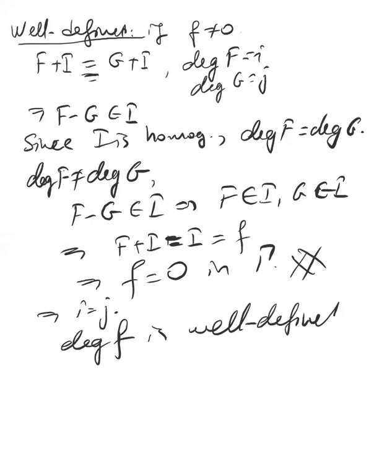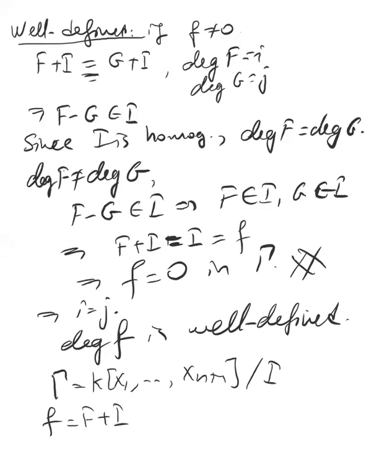So in this ring Gamma, where Gamma is K[x1, ..., xn+1] over I, if we have an element f, which is F plus I, we said that f is a form of degree d if there's a form of degree d like this.